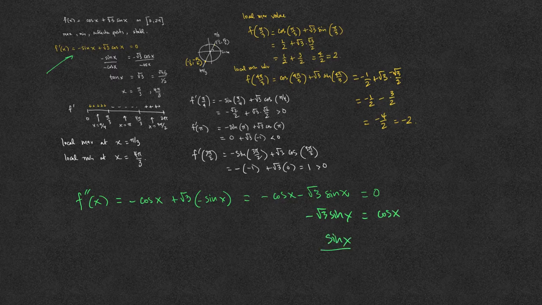Sine of x over cosine of x equals -1 over √3. And we rewrite this ratio as -1 over 2 over √3 over 2, or it can be 1 over 2 over -√3 over 2.